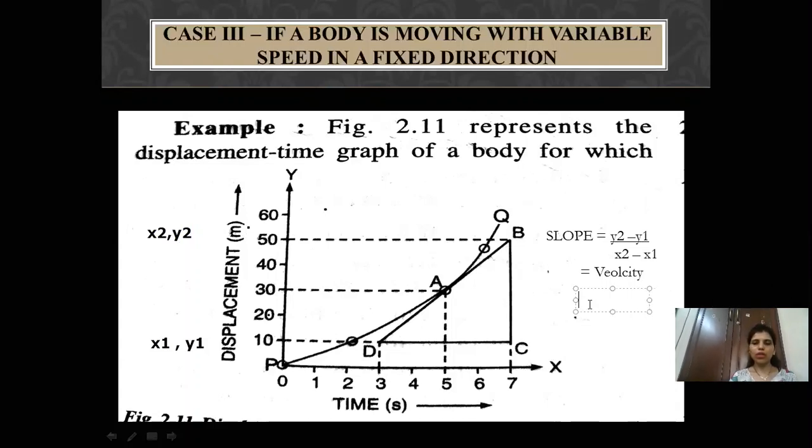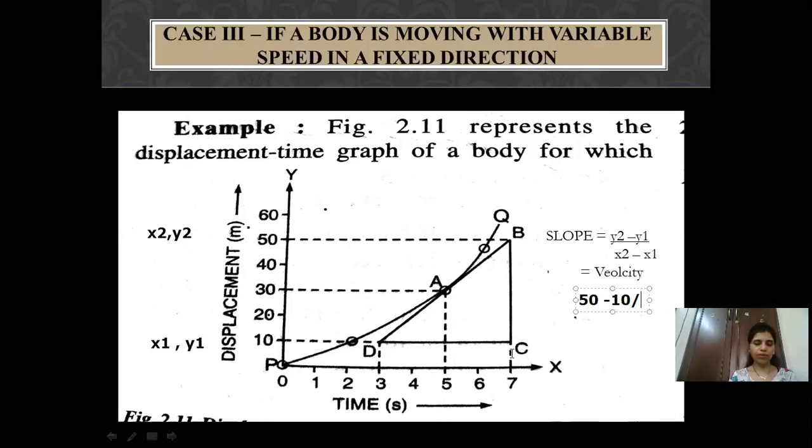Here y2 minus y1, so y2 you can see is 50, minus y1, which is 10, upon x2 minus x1.